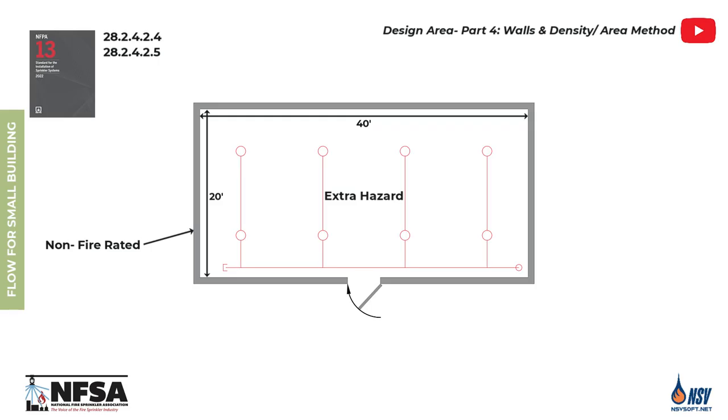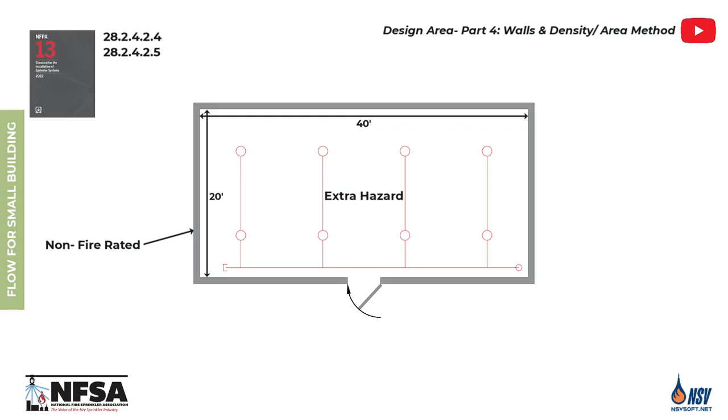After that, the designer would need to obtain agreement from the authority having jurisdiction that section 28.2.4.2.5 does not need to be applied, since the building is small and there is no additional area that would require extra sprinkler flow. Roland also notes that these 2 sections are considered separate concepts.